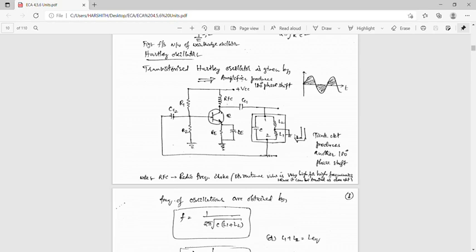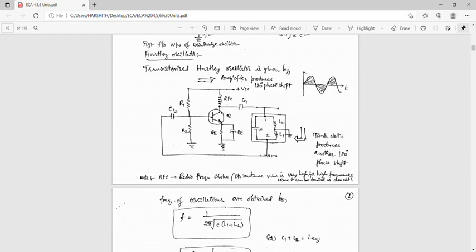This is the transistorized Hartley oscillator. The amplifier introduces the 180 degrees phase shift and the tank circuit produces another phase shift of 180 degrees, so totally 360 degrees phase shift. This is the tank circuit, two inductive reactances in series, in parallel with the capacitance.